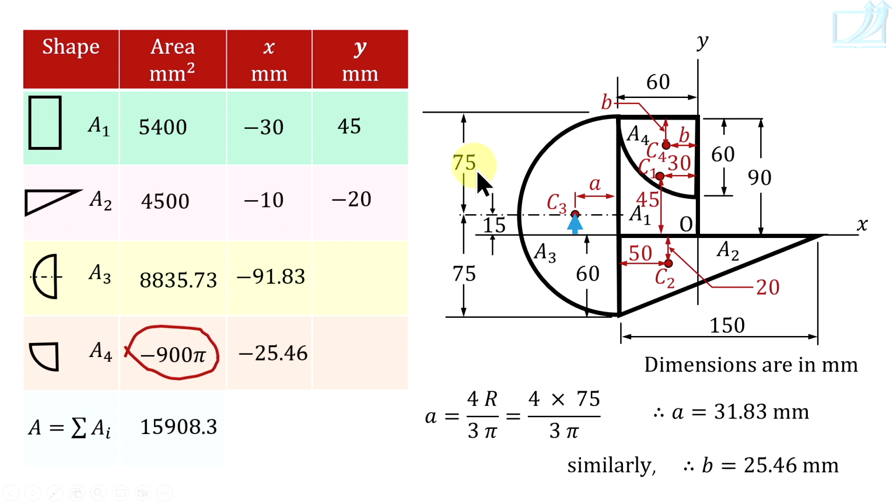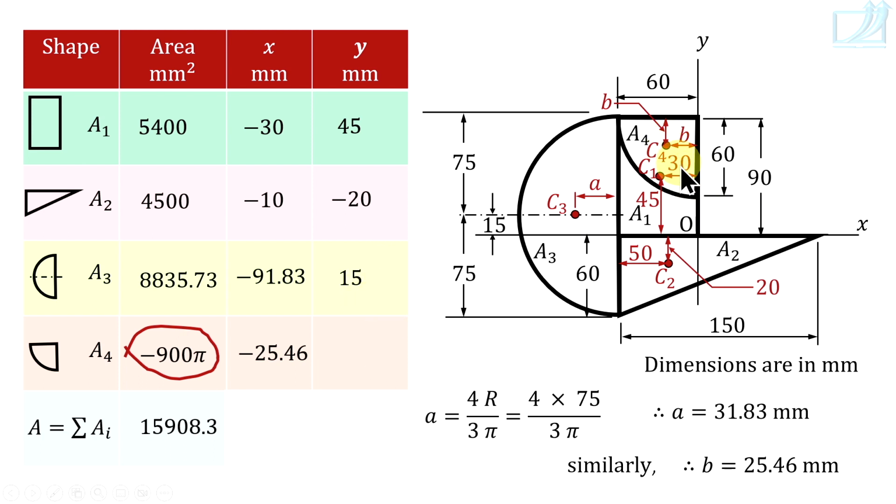Or 75 plus 15, that is this 90. So be sure that you are writing the correct coordinate for C3. Basic logic is the vertical distance of C3 from the x-axis, that is the y-coordinate. And it is above the x-axis, so positive y-coordinate. 50.